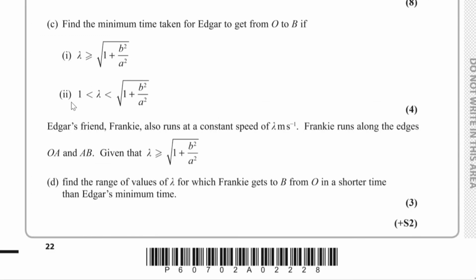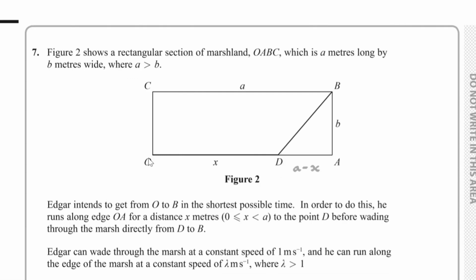Now, Edgar's friend Frankie also runs at a constant speed of lambda meters per second. Frankie runs along the edges OA and AB, and given that lambda is greater than the square root of 1 plus b squared over a squared, we have to find the range of values for lambda for which Frankie gets from B to O in a shorter time than Edgar's minimum time. So Frankie goes from OA and then AB. So what's that distance going to equal?